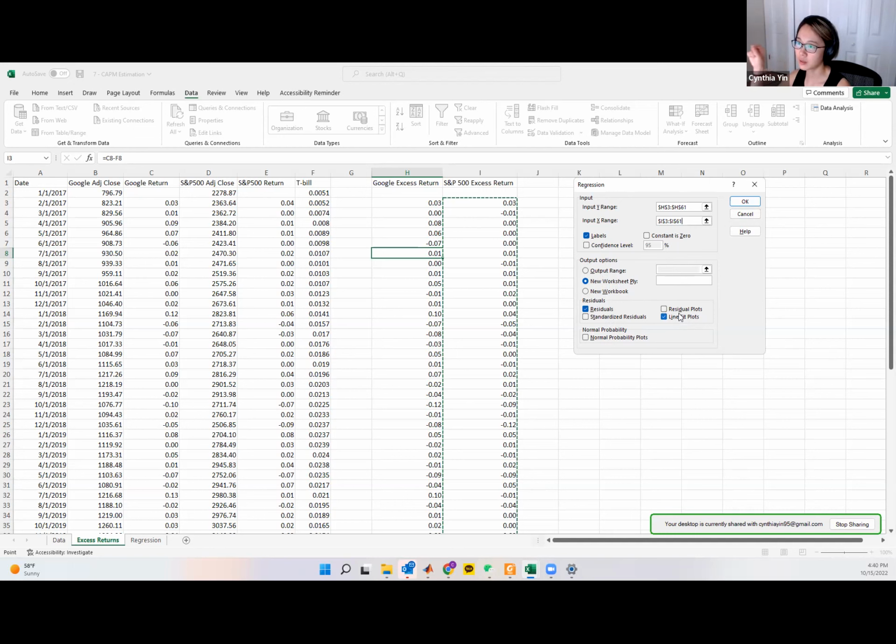Residual plots is the plot I showed you earlier. Standardized residuals and normal probability are more advanced, so I will not cover them here; you can dig in by yourself. Then just click OK.